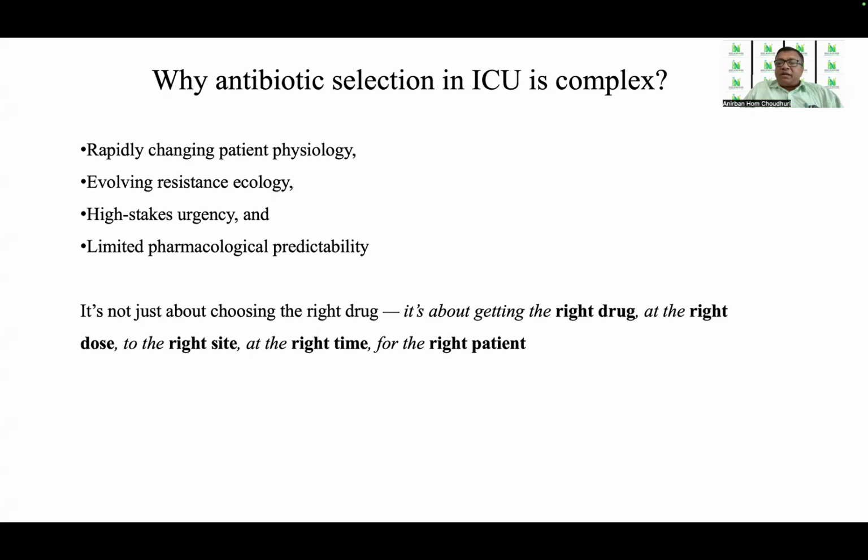So, antibiotic selection in ICU is not an easy task. It is complex. And this complexity arises because of a number of reasons. One, because of rapidly changing patient physiology; because of evolving resistance ecology based on the use of antibiotics in any particular ICU; depending upon the high stakes of urgency, that is the severity of the infection and its likely impact on the various organ systems; and because of limited pharmacological predictability.